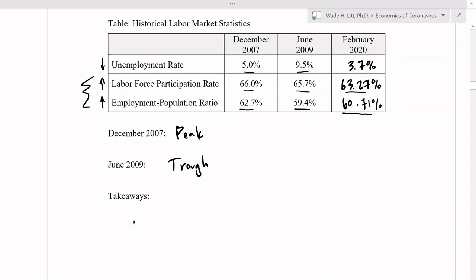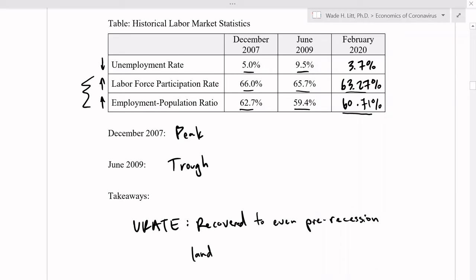Okay, so the unemployment rate recovered to even pre-recession and record low levels.